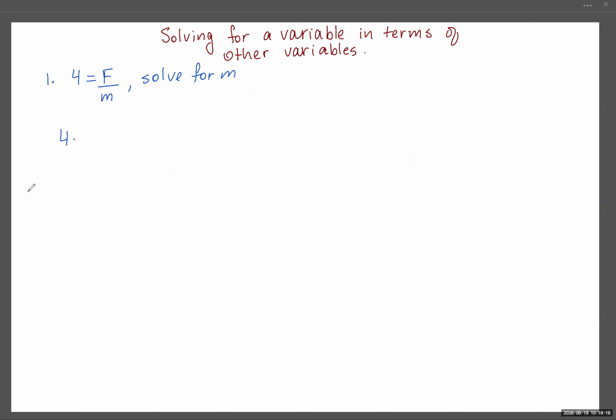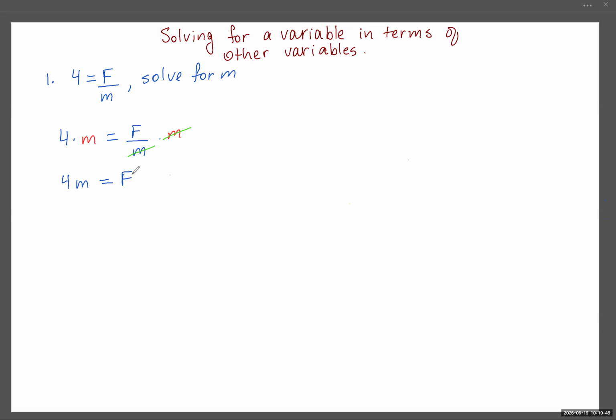So it will be 4 times m equals f over m times m. Now, on the left-hand side, the m in the denominator and the m on top in the numerator will cancel out. So what we have is 4m equals f.